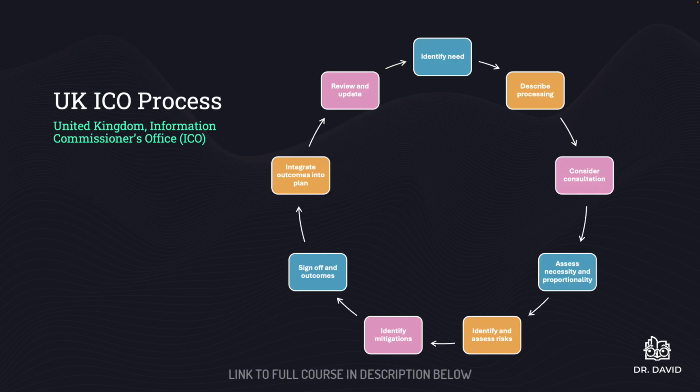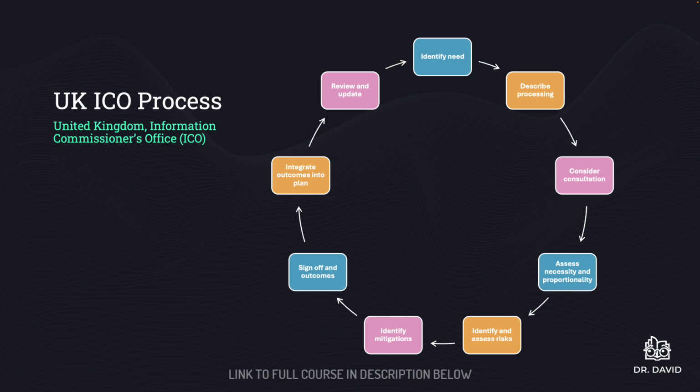A useful diagram of the process of completing a DPIA comes from the United Kingdom's Information Commissioner's Office, or ICO. And UKICO, that's an acronym that you're going to see quite regularly if you're following privacy and data protection related headlines.